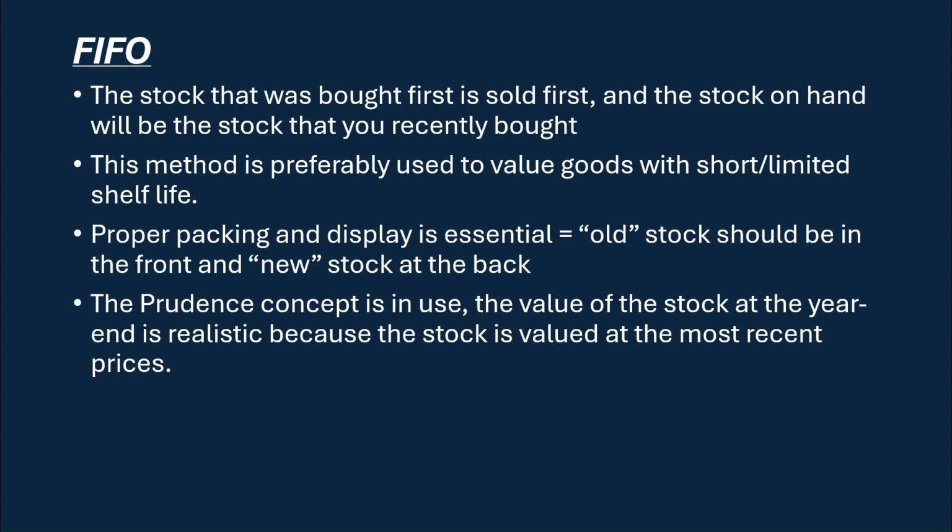You have your historical concept, we also have prudence concepts, and we have other concepts, right? So here they talk about the prudence concept, that the value of the stock at the year end is realistic because the stock is valued at the most recent prices, right?